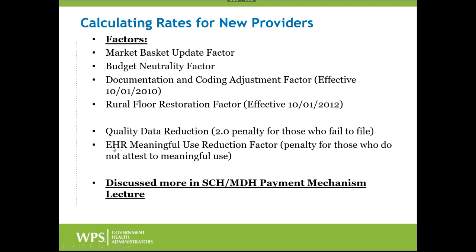If you have an EHR meaningful use reduction, you didn't attest to meaningful use, that reduces your market basket update factor as well. So we'll talk about how that all comes into play. This is all discussed in the payment mechanism lecture that will be coming up shortly. You'll see that in a separate YouTube video.